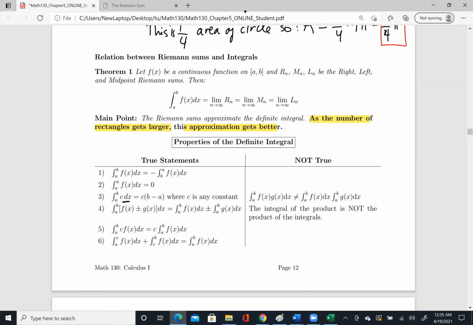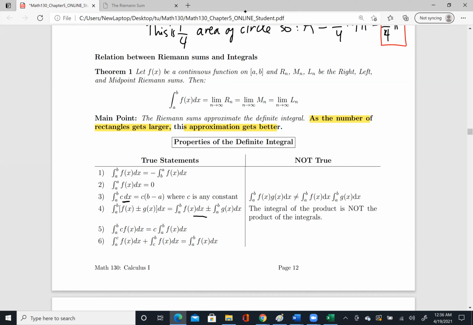And next, the integral from a to b of f of x plus g of x dx can be split into the integral from a to b of f of x dx plus or minus the integral from a to b of g of x dx. The integral from a to b of c times f of x dx can be rewritten as c times the integral from a to b of f of x dx.